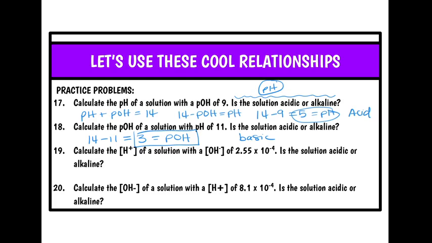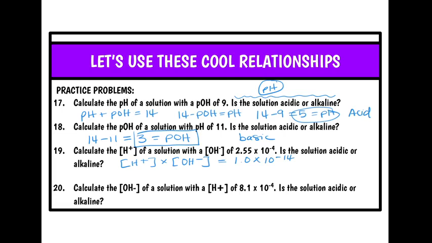Now let's go ahead and look at this next one. It's asking us to calculate the hydrogen ion concentration if we know the hydroxide ion concentration. So now we're going to use that other equation that we saw on the last slide. We're going to take our hydrogen ion concentration times our hydroxide ion concentration, and it's going to be equal to 1.0 times 10 to the negative 14th. What are we trying to solve for here?